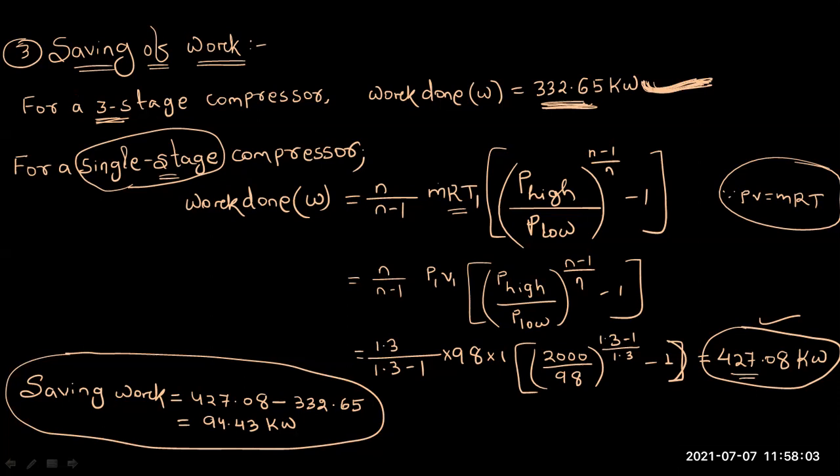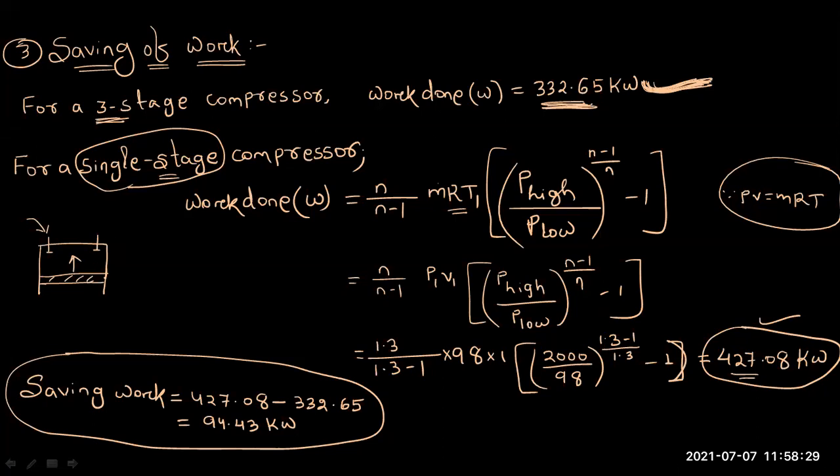Okay. Which work is it? Suppose the cylinder is there. This is the inlet valve. This is the exhaust valve. Air will enter through the inlet valve, and this piston will compress this air. To compress this air, this piston has to do some work on the air. Then only it can compress it.